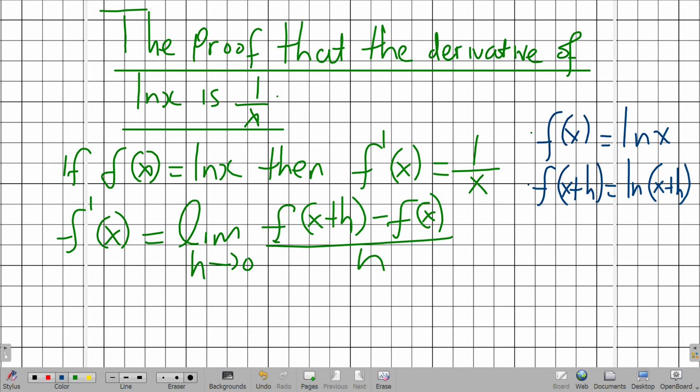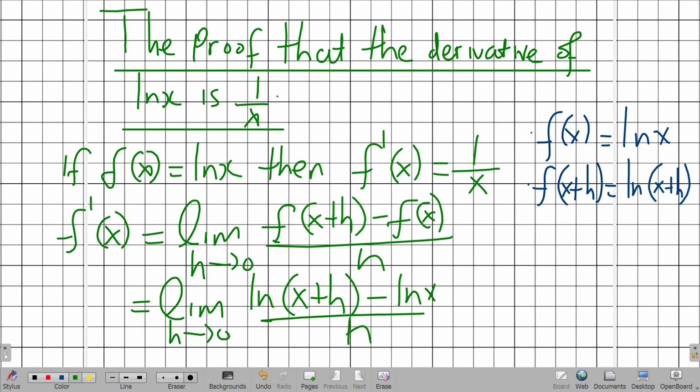So we are going to substitute this into the formula. We are going to have the limit as h approaches 0 of f of x plus h, which is just natural log of x plus h, minus natural log of x, over h.